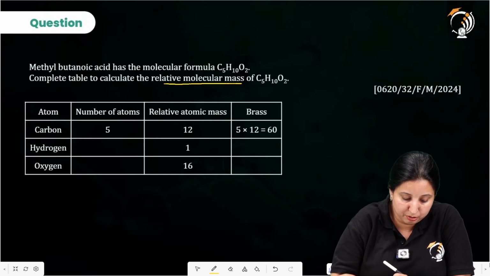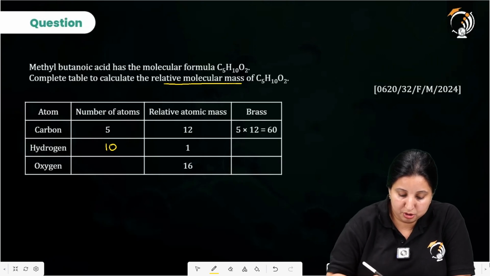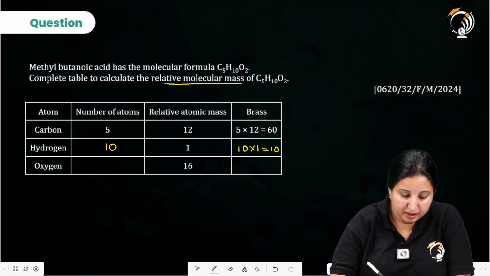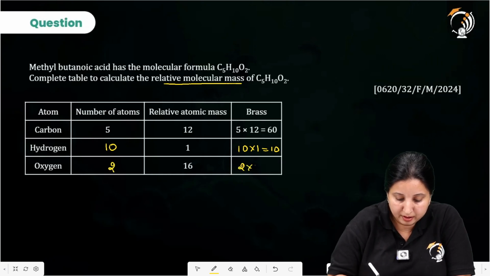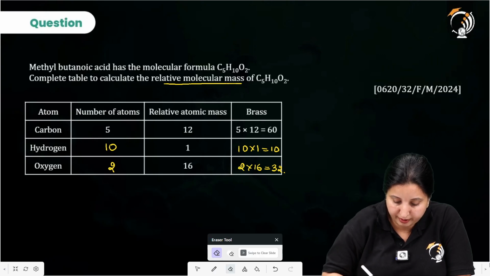Now how many hydrogens am I having? I am having 10 hydrogens. So relative atomic mass is given. So 10 multiplied by 1, which is equal to 10. How many oxygens? 2. So 2 multiplied by 16, which is going to be equal to 32. I just rewrite it.